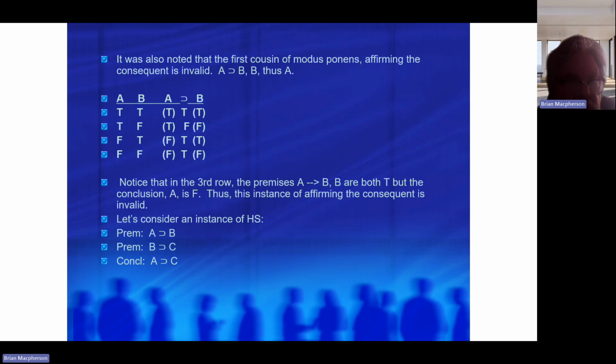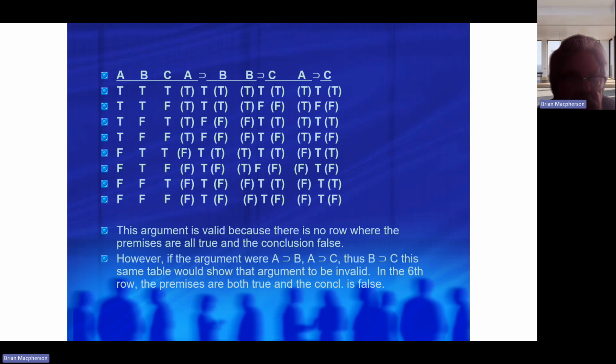So the truth table for the whole argument will be 2 to the third, or 8 rows long. So this then is the truth table for A then B, B then C, A then C.